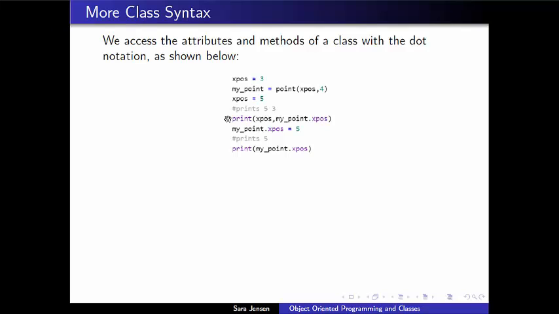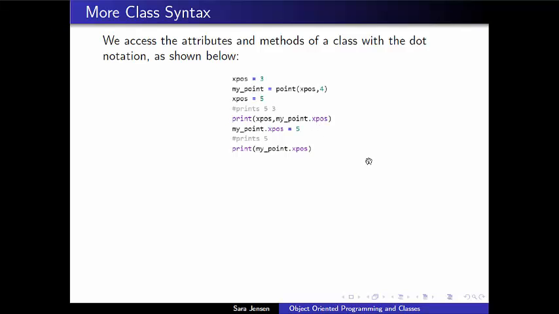If I do want to change the value of myPoint's xPosition, then I need to do that by calling it by its full name, myPoint.xPosition, and assigning it a new value. At that point, if I ask the computer to print myPoint's xPosition, it will register that change made right here in this line. One thing I don't have written down, but is a useful thing to know about accessing the attributes and methods of classes: xPosition is an attribute of myPoint.